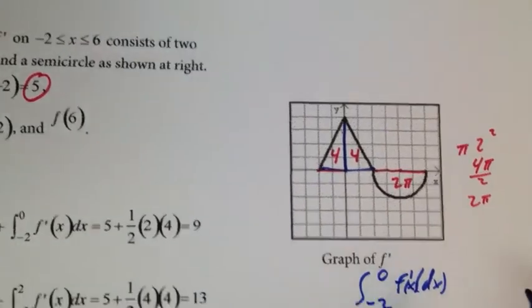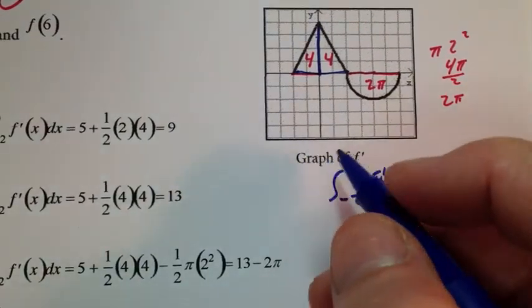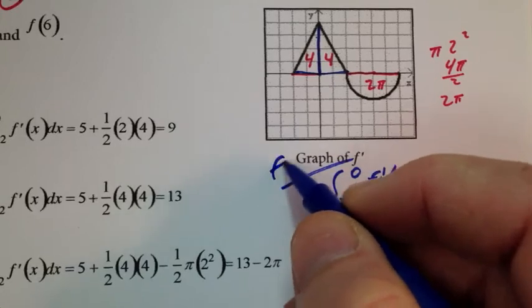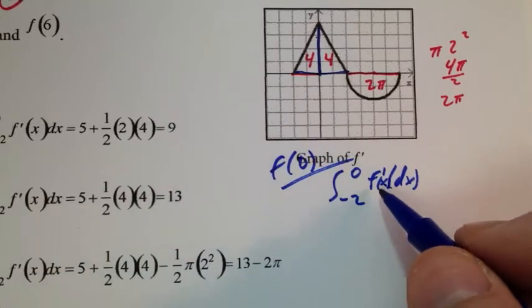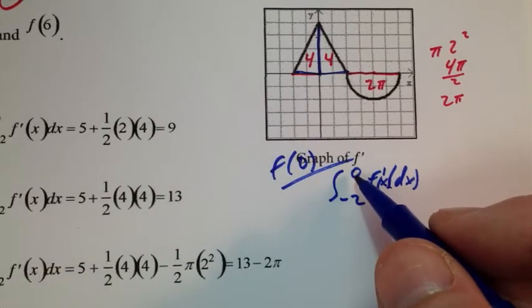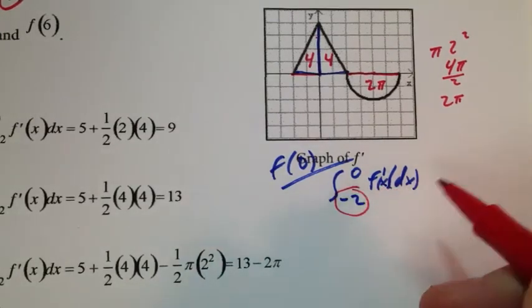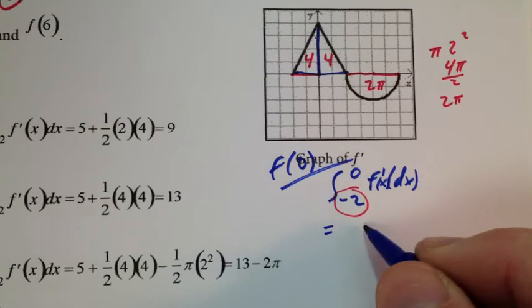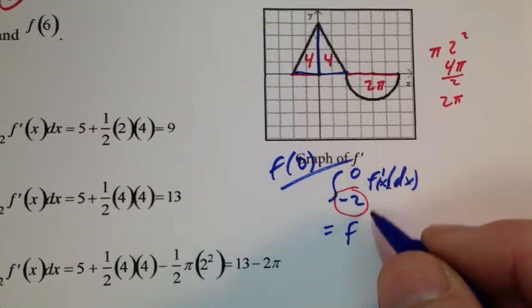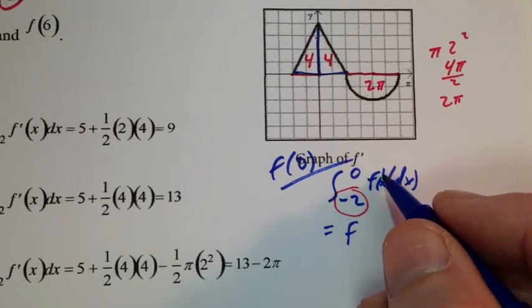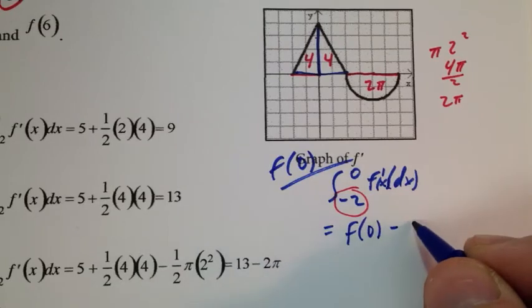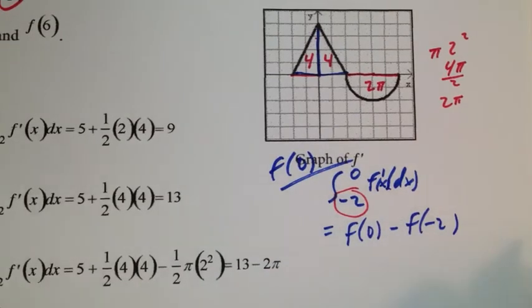I should have put the parentheses around there. So if we want to find f of 0, then we integrate from negative 2 to 0 because we were given the initial condition when x is equal to negative 2. And what is that? That is f, meaning the antiderivative of f prime, f at 0 minus f of negative 2.